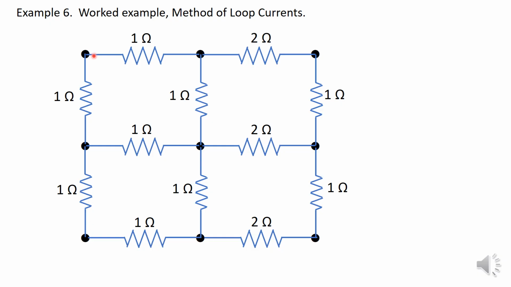Here each branch consists of a resistor. I have 2 ohms on this branch, 2 ohms on this branch, 2 ohms on this branch. All the other branches are resistors of value 1 ohm.